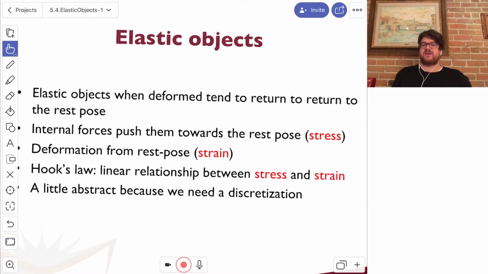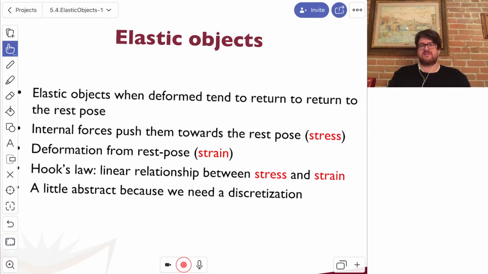It's worth mentioning that Hooke's law is only correct for very elastic objects. If you have, for example, relatively rigid objects, if you look at steel, steel can also be seen as an elastic object with very, very small strain, and then Hooke's law doesn't really apply.